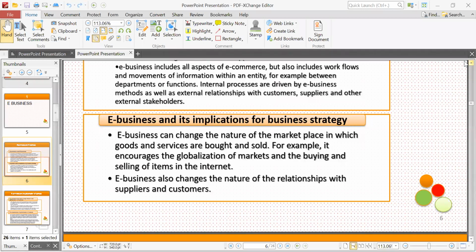But e-business is a much broader term that encompasses all business activities that are conducted online. So e-commerce is a subset of e-business. So that's to give you a general idea.